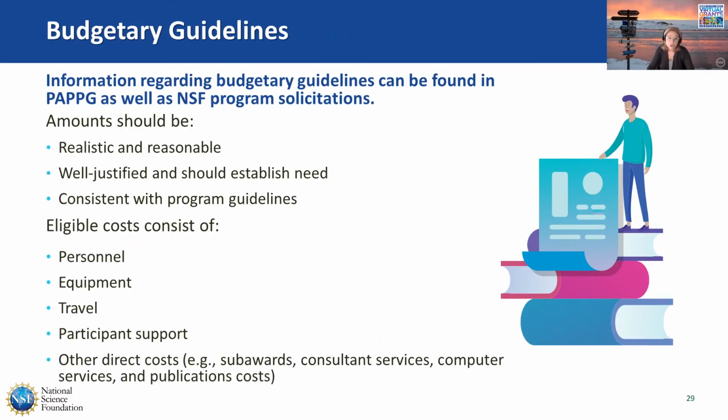So now we're going to talk about the budgetary guidelines and a little bit more information about level setting, context setting. So when you go in there, the PAPPG has a lot of information about each of the budget categories, what our expectations are, when you would be using that budget category.